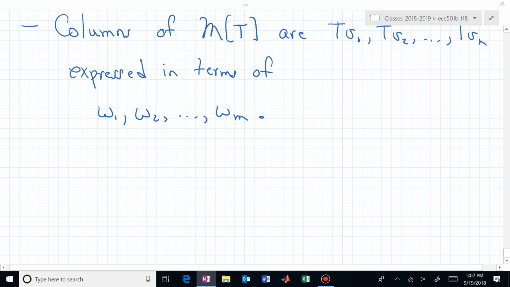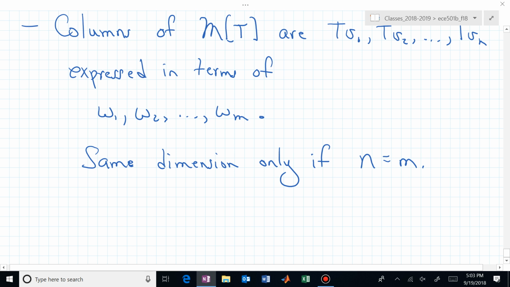M actually needs to be the same as N. So the same dimension is going to happen only if the columns equal the rows.